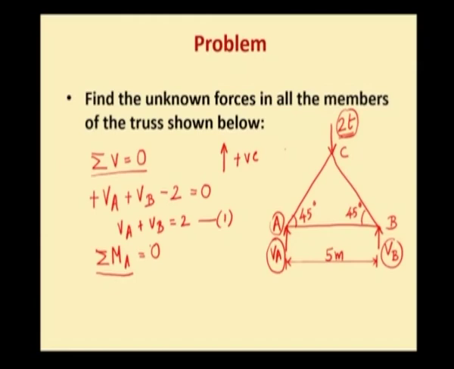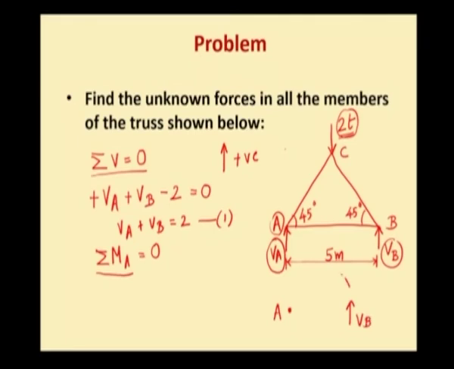Now, once again 3 forces are there, VA, VB and 2 ton. VA passes through A and hence there is no lever arm for this force, lever arm is perpendicular distance. So, there will not be any moment due to VA about A. Now, let us consider the force VB. Here is our joint A, VB acts in the upward direction.